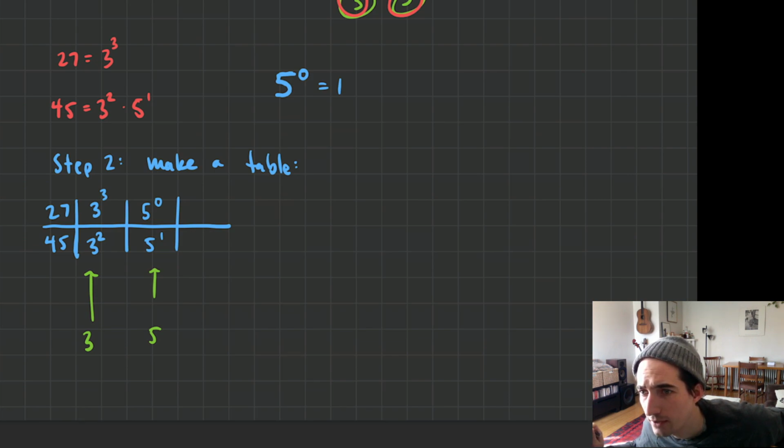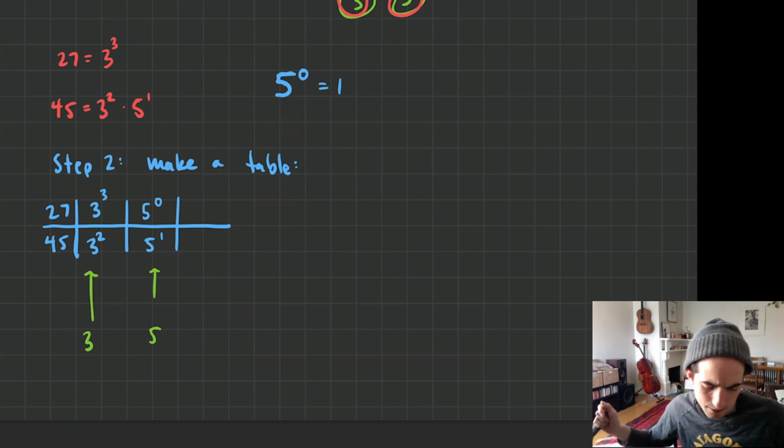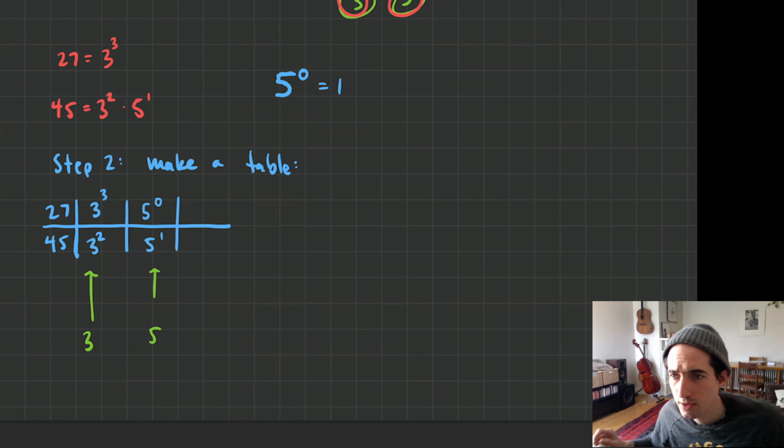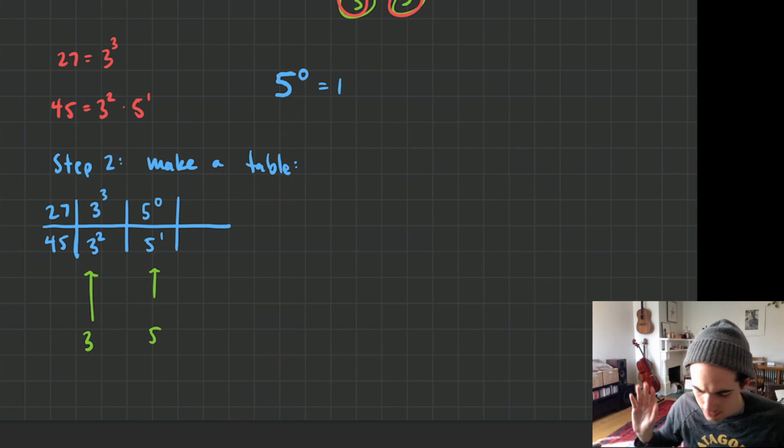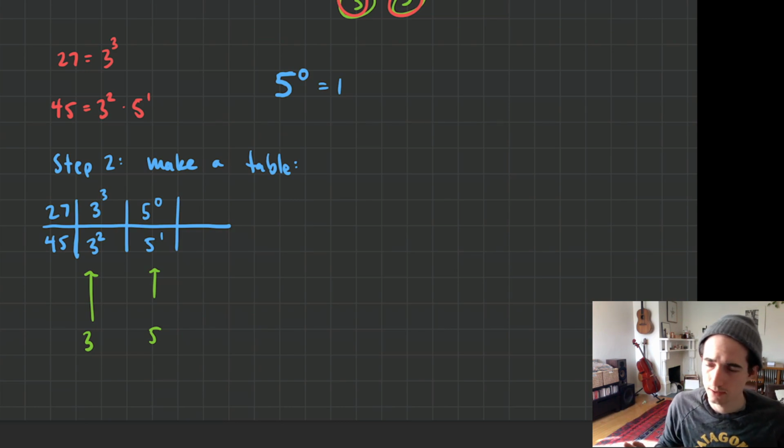Are they like GCF or LCM factor tables? They're similar to that. Yeah, it's kind of like a factor table. And yes, 0 to the power of 0 is indeterminate. We don't talk about that until later. Just know that 0 to the power of 0 can mean different things.